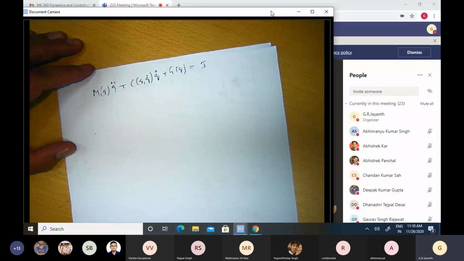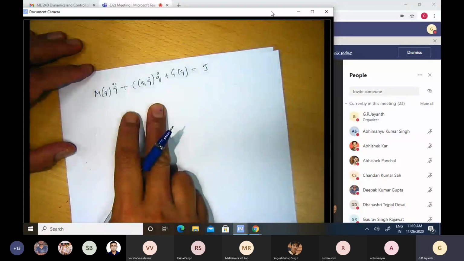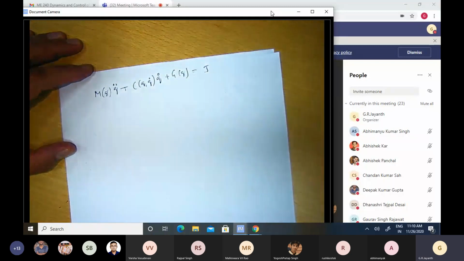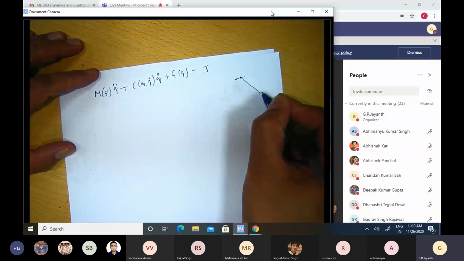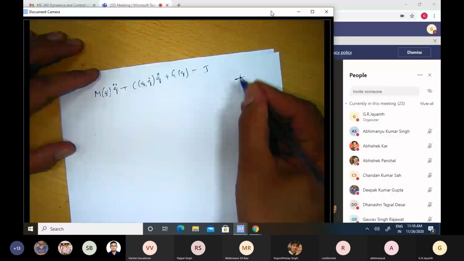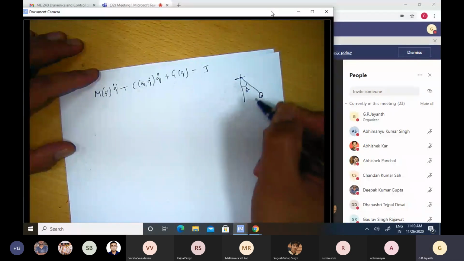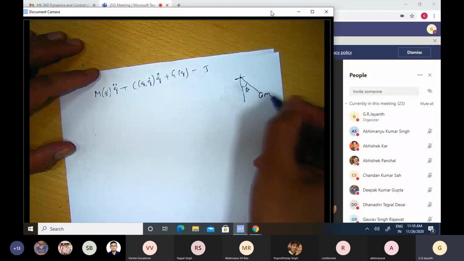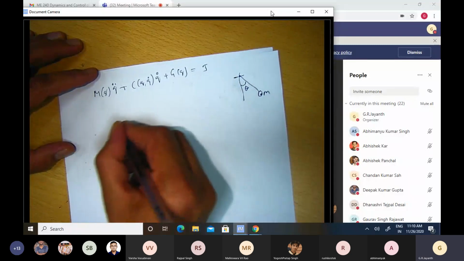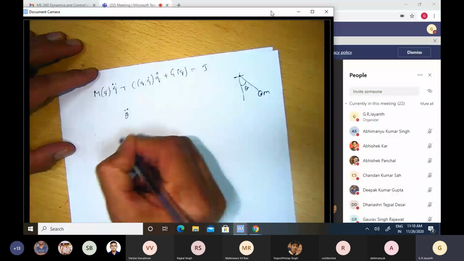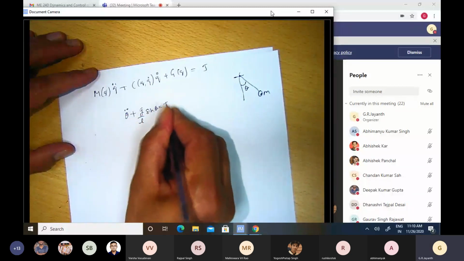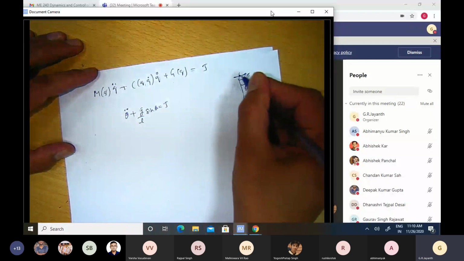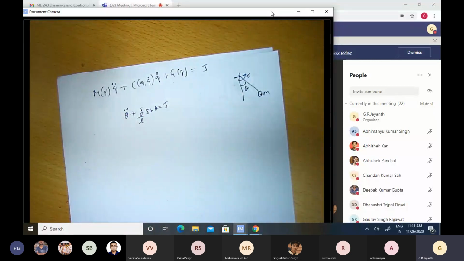First, what is the nature of this equation? It is not very easy to see in this particular example. So let us take a very simple example where this can be applied, and that is the case of a pendulum. The joint angle q is theta, and there's a point mass m, and we know that the equation of motion will be theta double dot plus g by L sine theta is equal to tau, if tau is a torque that I'm applying at the revolute joint.